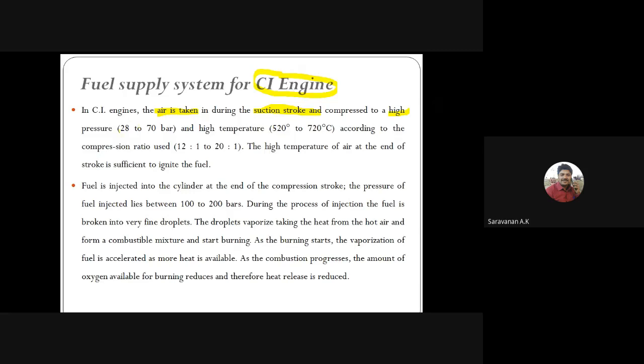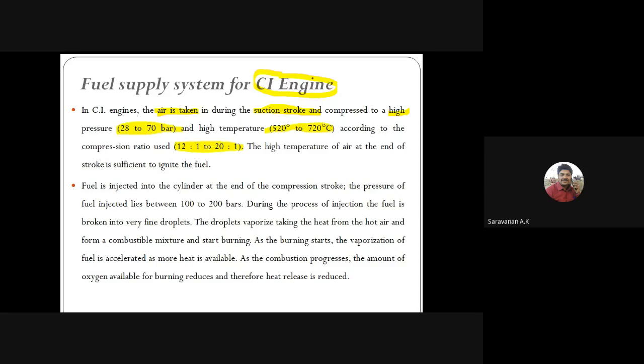The pressure ranges from 28 to 70 bar, and it will generate a high temperature, from 520 degrees Celsius to 720 degrees Celsius. In the CI engine, the diesel engine, the compression ratio is high, from 12 to 1 up to 20 to 1, right?